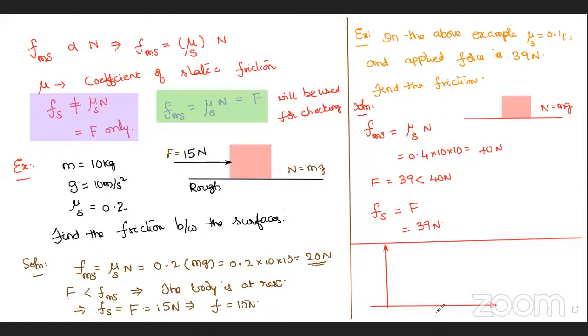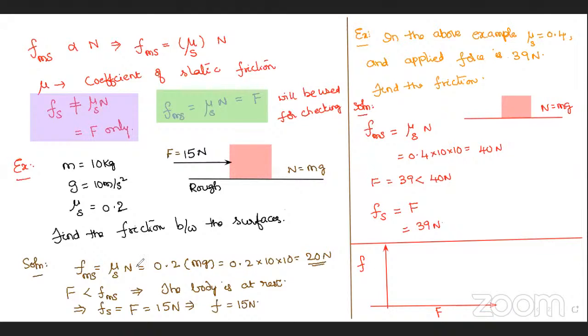Suppose this is the x-axis, on which I am taking the applied force, and on the y-axis I'm taking the friction, but I'm not mentioning what kind of friction, whether at rest or in motion. Just friction.